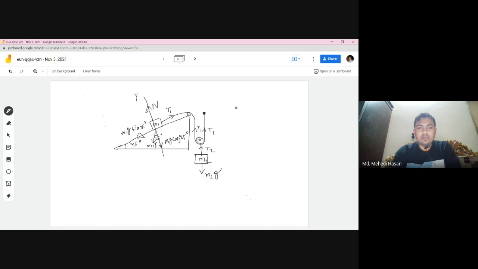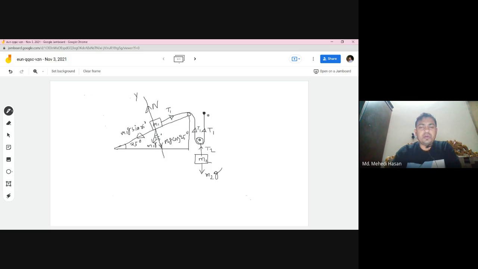That's why M1 is moving upward and M2 is moving downward. You have to take a particular direction as positive. If the answer is negative after solving the problem, then the direction was not correct; the direction will be opposite, but the magnitude will be the same. So this is the free body diagram.